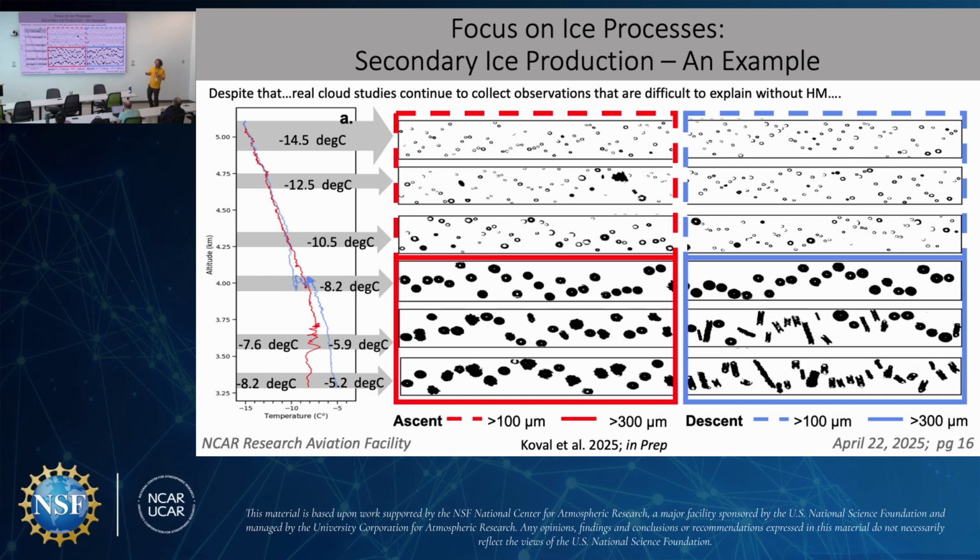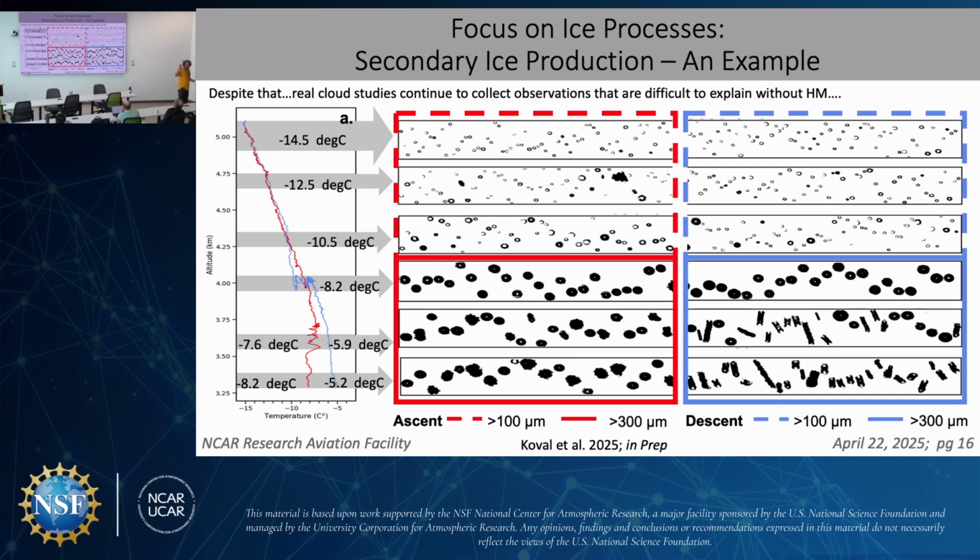And as we descend through this cloud from -15 at cloud top and get into warmer temperatures, we see that these drizzle particles are growing, presumably through collision coalescence, as they fall through a field of cloud droplets, until they reach a maximum size on the order of about 400 to 500 microns in diameter, around a temperature of -8 degrees Celsius.